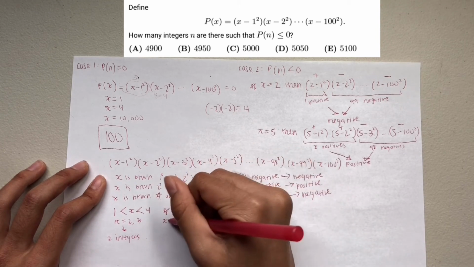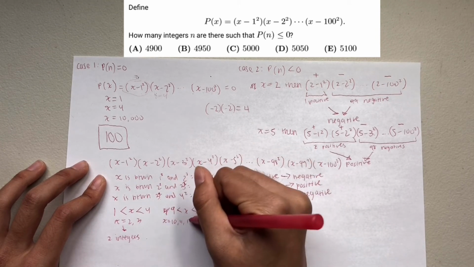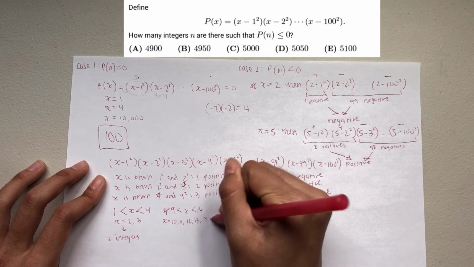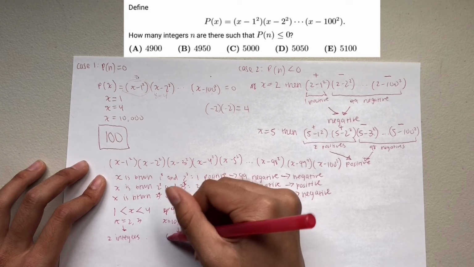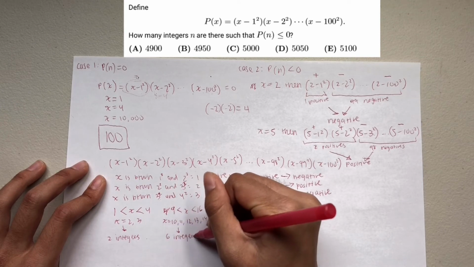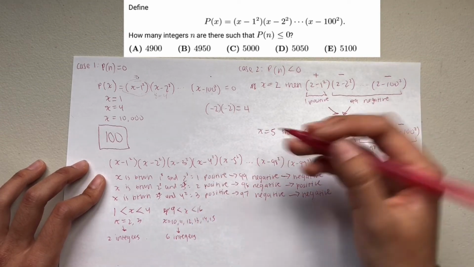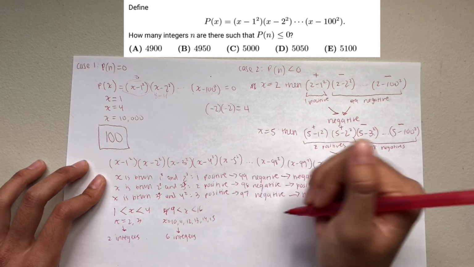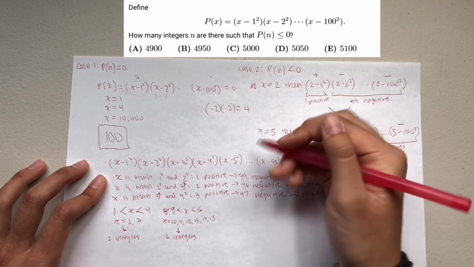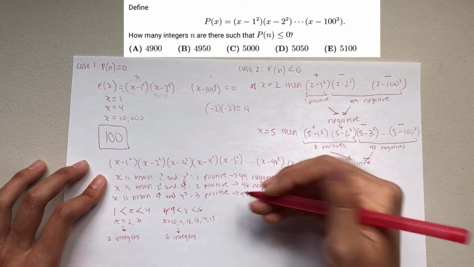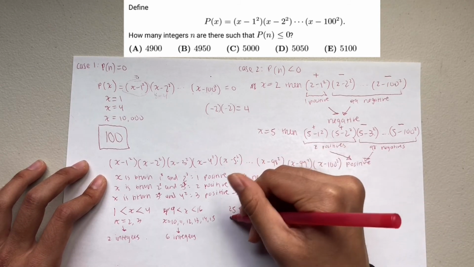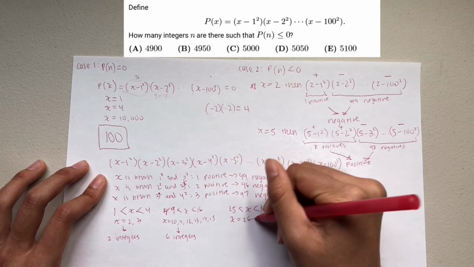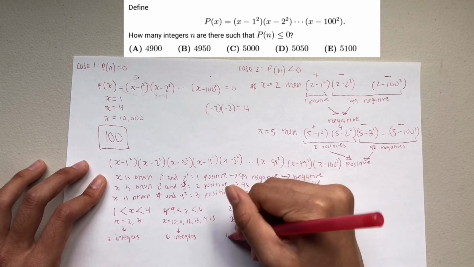Then x could be 10, 11, 12, 13, 14, or 15. And that means there are 1, 2, 3, 4, 5, 6 integers. Let's just do another one. x is between 25 and 36, or 5 squared and 6 squared. Then x could be 26 through 35, and there are 10 integers.